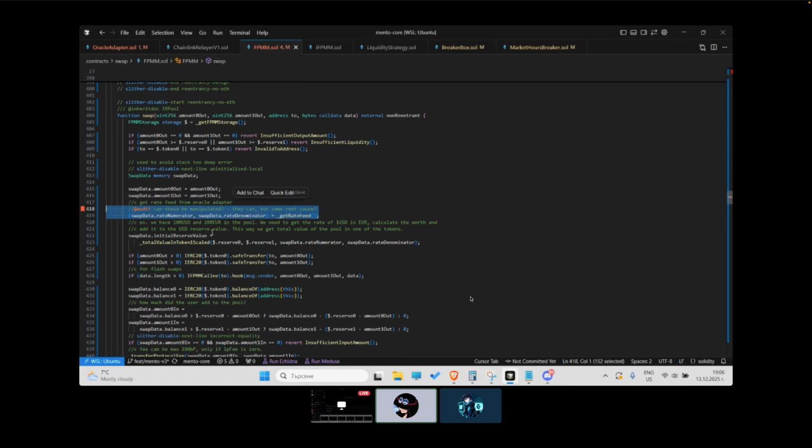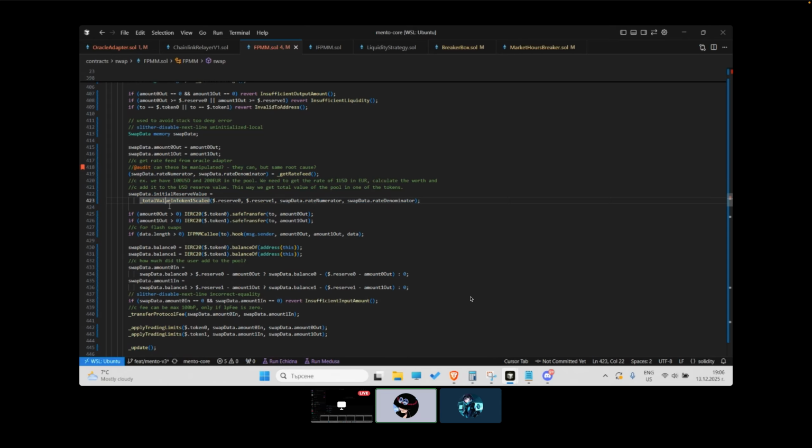Another thing which I found interesting, and I guess it's also new, it's not from Uniswap, not sure, is this calculation here. Can you go inside this function?